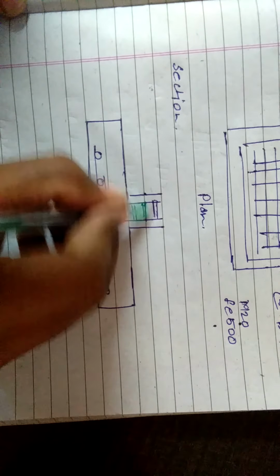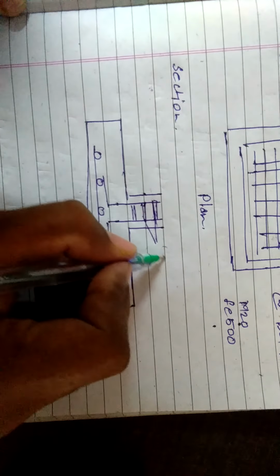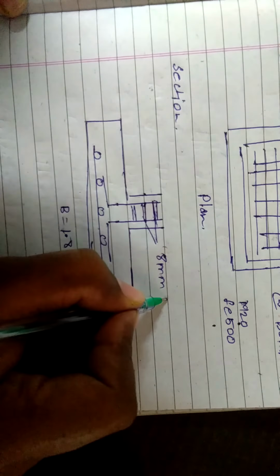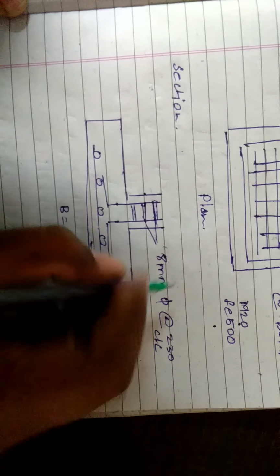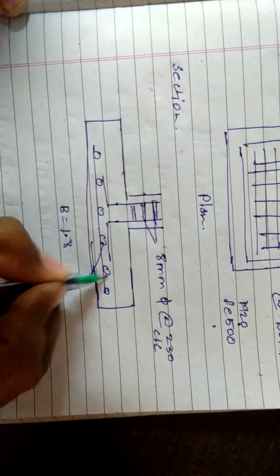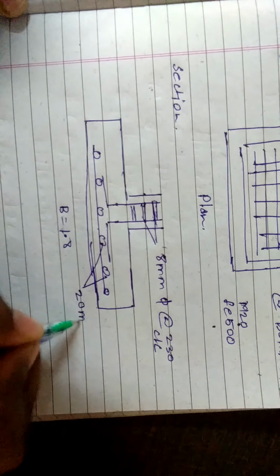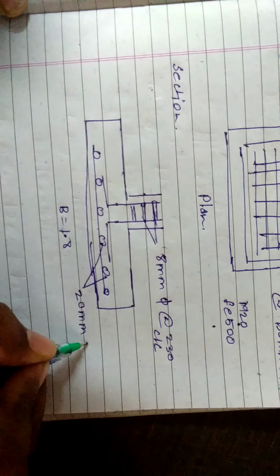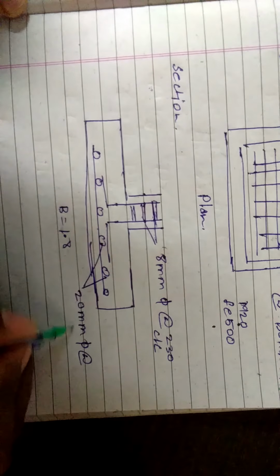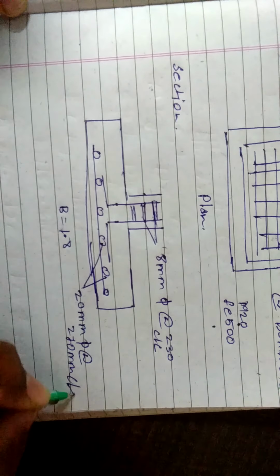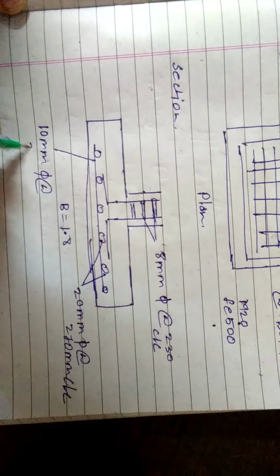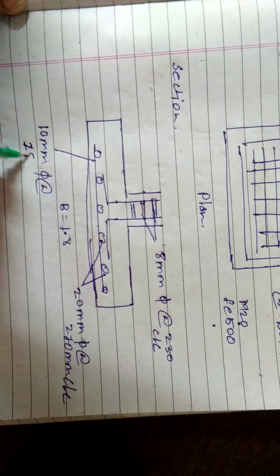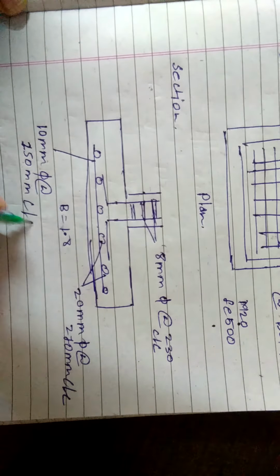Now the lateral ties: the lateral ties are 8 mm diameter at 230 center to center, 20 mm diameter at 270 mm center to center, and here for the shorter span, that is 10 mm diameter at 150 mm center to center.